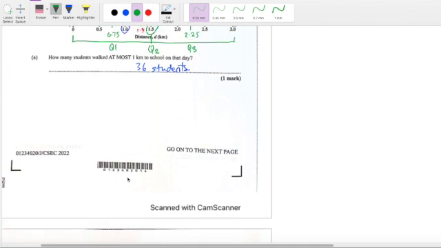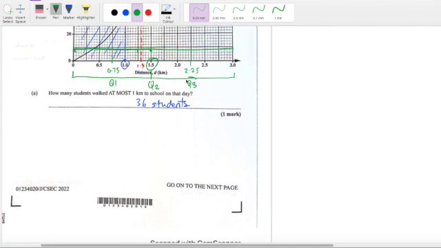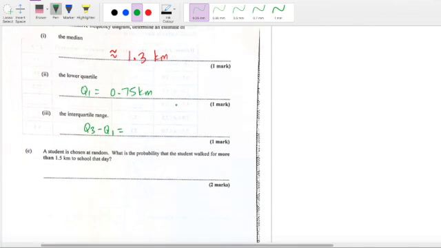What you'll be getting is this distance here as your interquartile range. So 2.25 minus 0.75 is 1.5 kilometers.